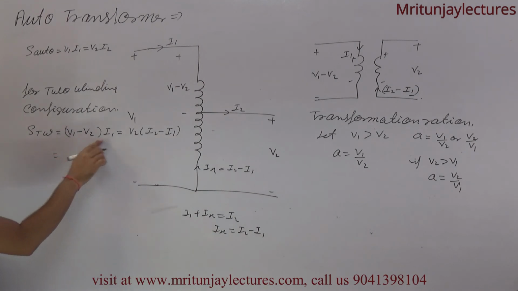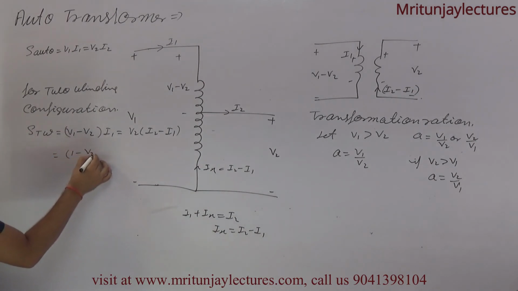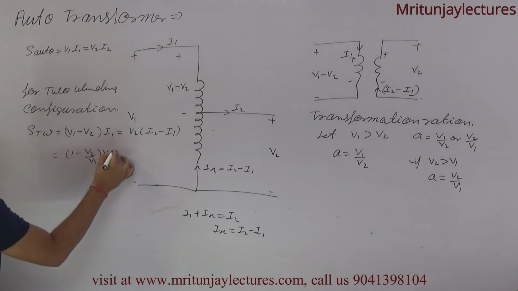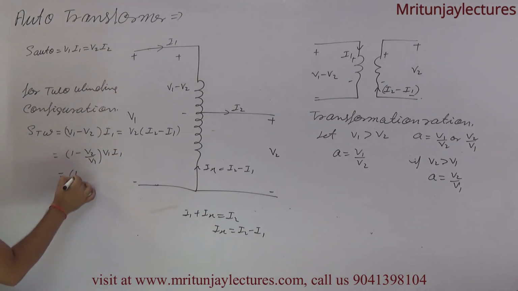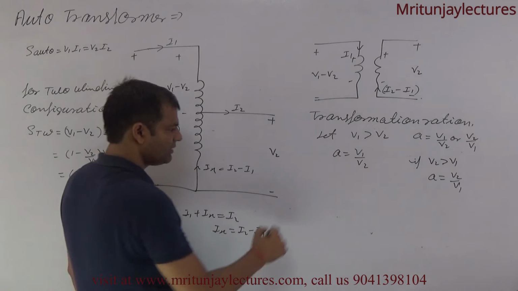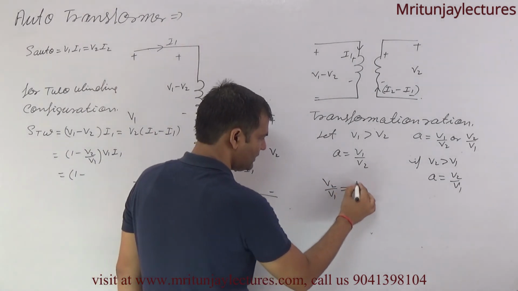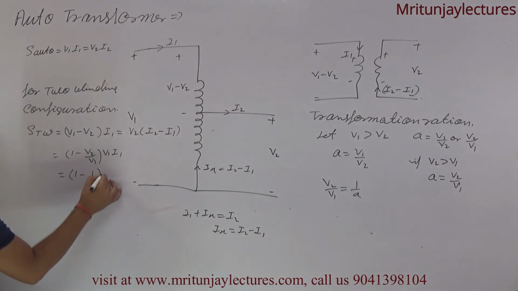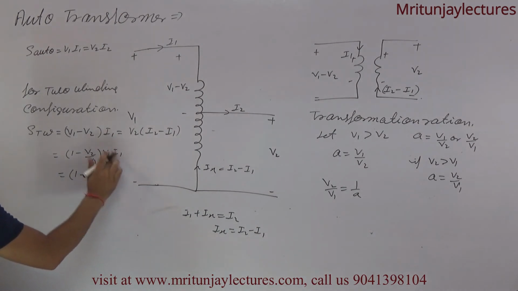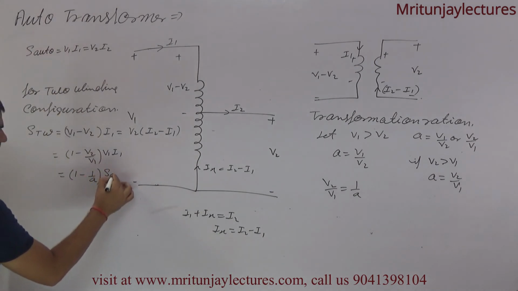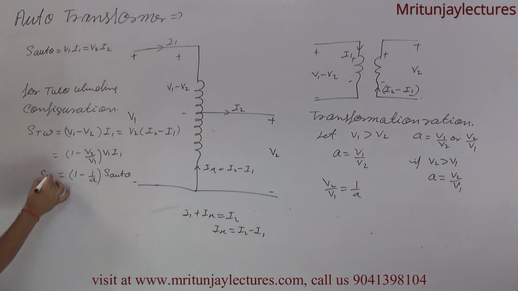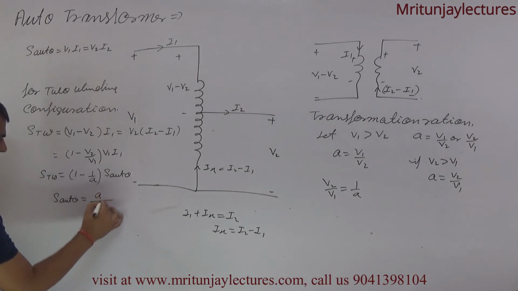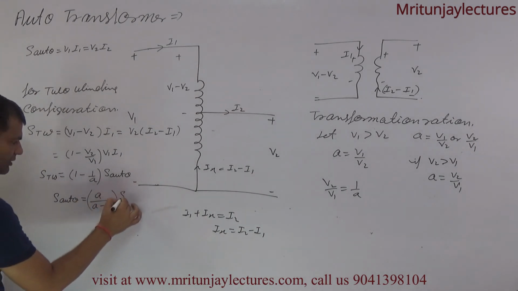Now, if V1 is common, it means V2 by V1 into V1 into I1. I know that V2 by V1 is 1 by A, so it is written as 1 by A into V1 into I1, that is S auto. So S auto is written as A divided by A minus 1 into STW.